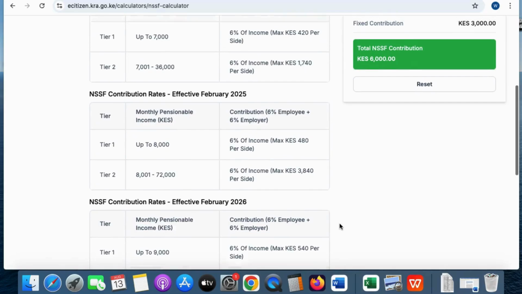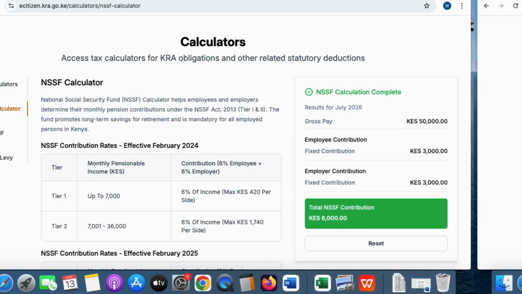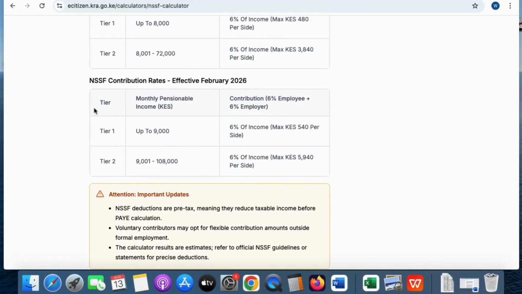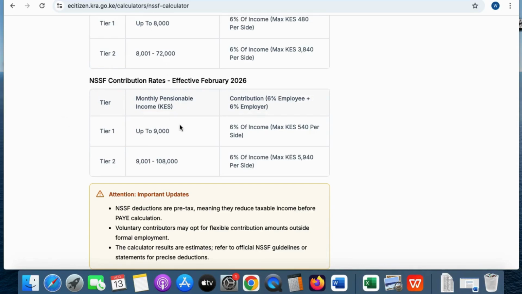This will particularly help someone who is dealing with these deductions, if they want to know how they can be doing it for the employees. Using the earlier example of 50,000, we take 50,000 less 9,000, which gives us a balance of 41,000. This is the amount that is above 9,000. So 6% of 41,000 gives us 2,460.